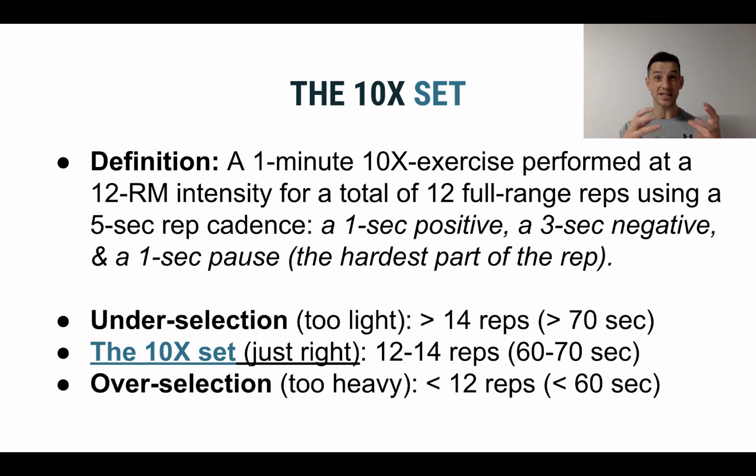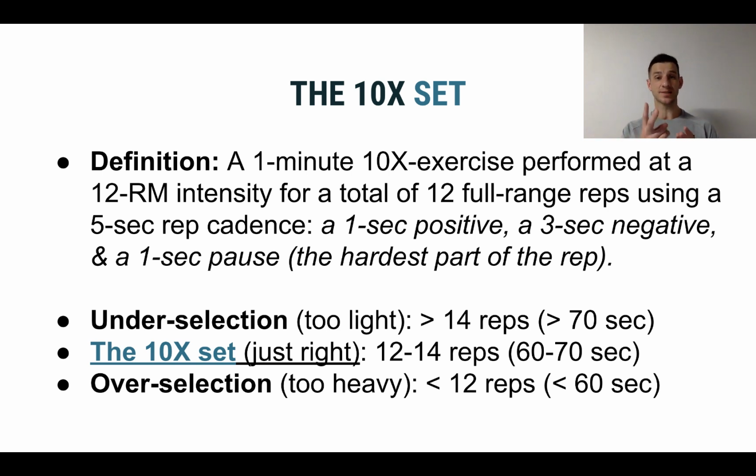And we recruit as many fibers as we possibly can, and then we fatigue them, meaning that by the time we get to the 12th rep, which is also 60 seconds, we have produced the most potent adaptive response possible, allowing us to trigger all 3 of the muscle growth triggers.